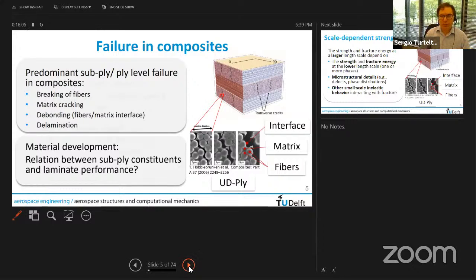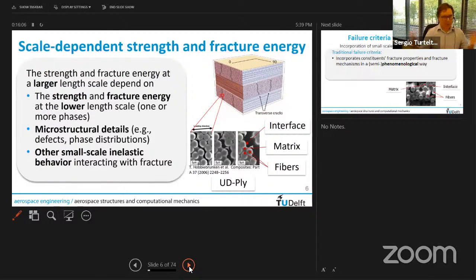Well, first of all, we have to understand the different length scales. When we talk about the strength, the fracture strength, or the fracture energy at a given length scale, it is connected to the constituents at the lower length scale, which may have different properties.